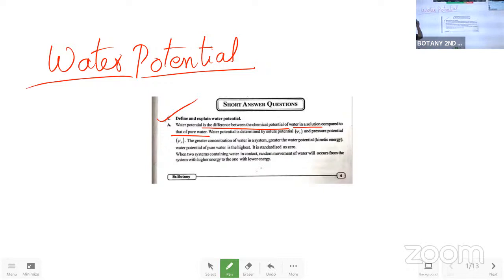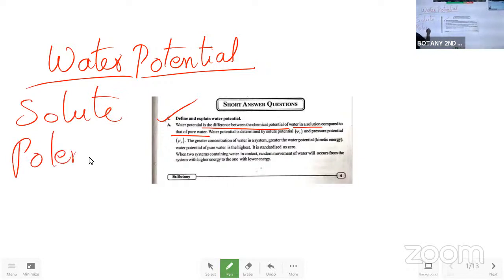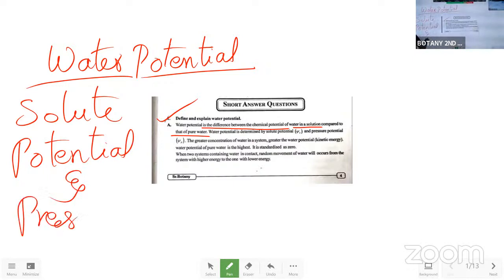So water potential has its components as the solute potential and pressure potential.